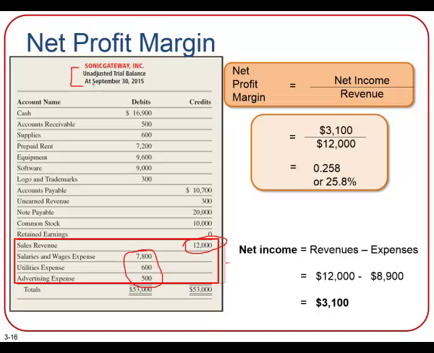Remember, the trial balance is just used to make sure our debits equal our credits. Now, if we had revenues of $12,000 and expenses of $8,900, then our net income is $3,100. This $3,100 of net income is 25.8% of the $12,000 of revenues.